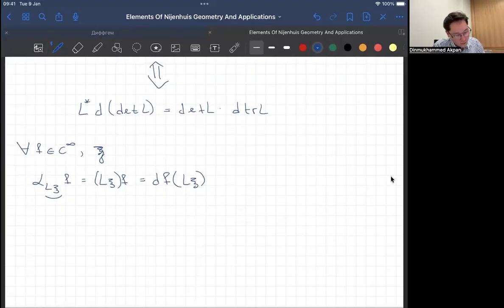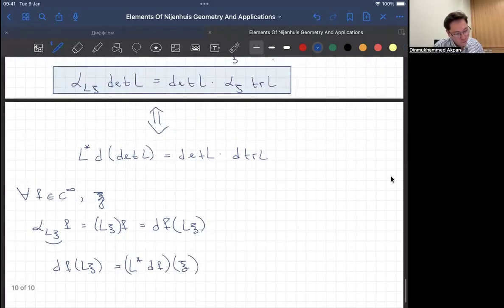And the f L xi is just the dual operator acting on this one-form. So if we now take f as the determinant of L, then our formula is true.